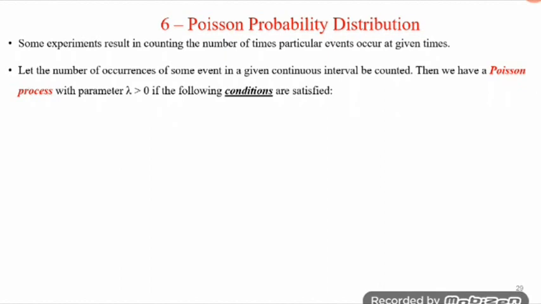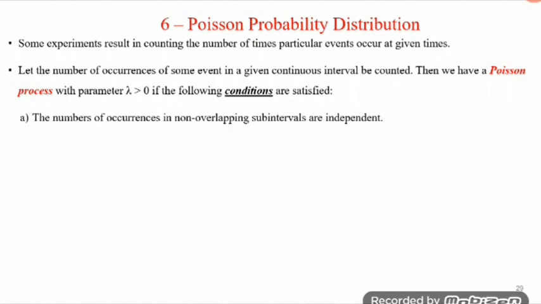Then we have a Poisson process with parameter lambda greater than 0. We have some conditions under this kind of distribution. First, the numbers of occurrences in non-overlapping intervals are independent.